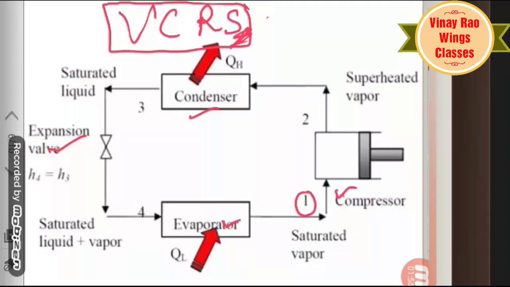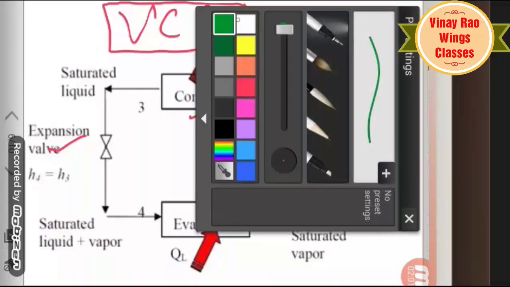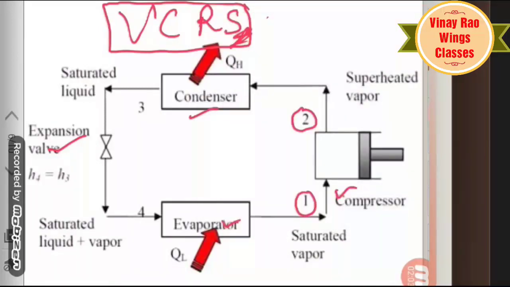From point 1 to 2, there is isentropic compression. Wherever there is a compression process through a piston cylinder arrangement, it is isentropic, that means entropy is constant.